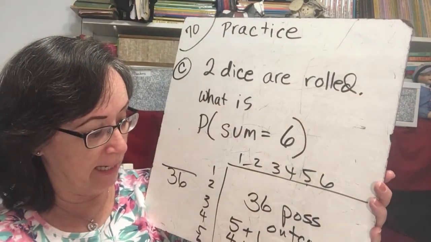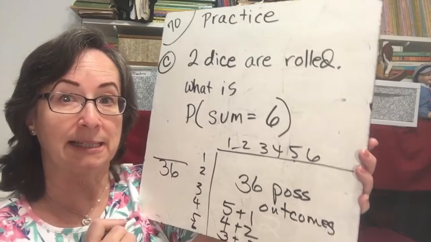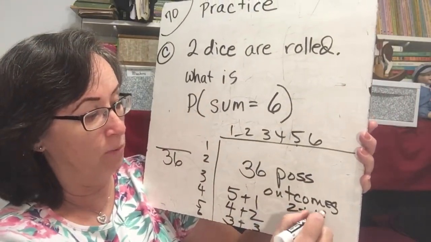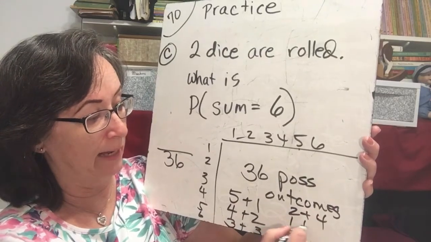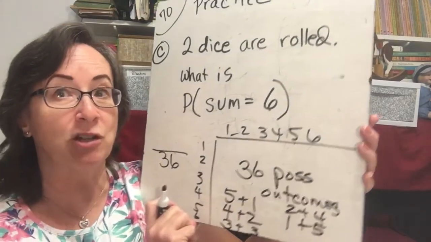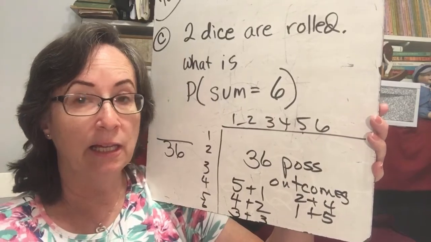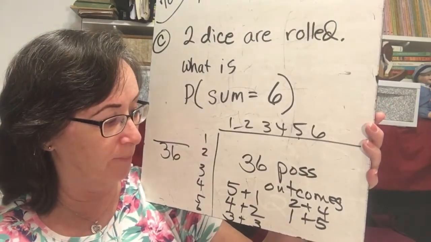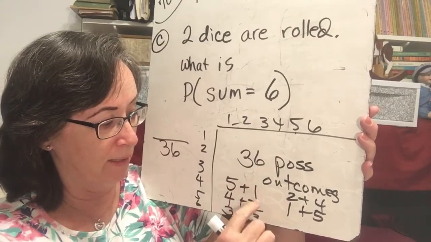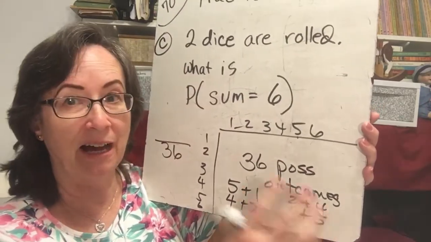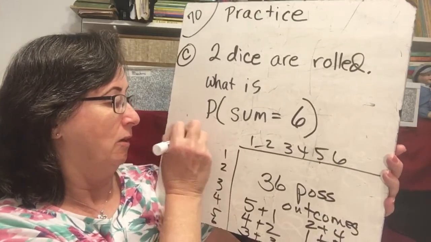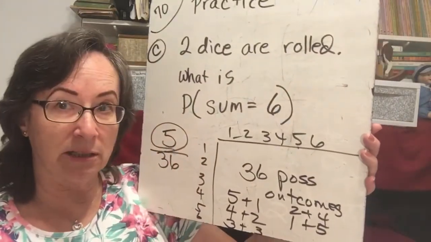A 3 and a 3 could be a 6. A 2 and a 4 could be a 6, and a 1 and a 5 could be a 6. But there's no 0 on a die, so I cannot use 6 at all on any one of them. So 1, 2, 3, 4, 5. There's 5 outcomes that would have a result of 6.